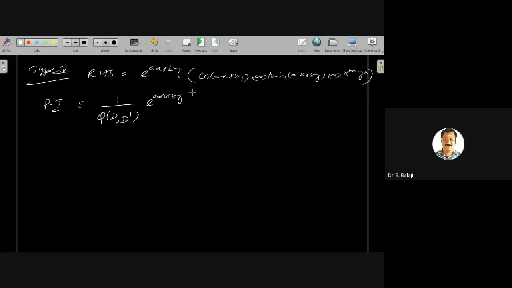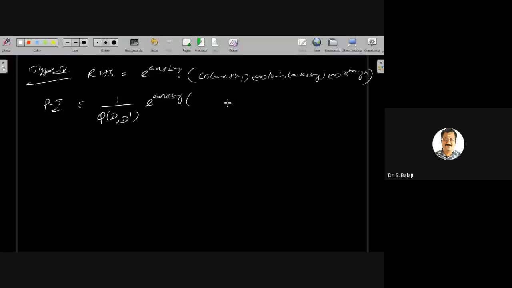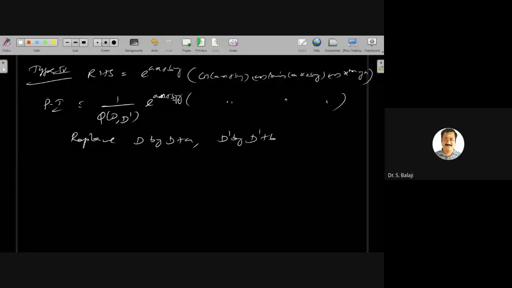In that case, particular integral equal to 1 by phi of d comma d dash, e power ax plus by, into the same function. In that case, you have to replace d by d plus a, d dash by d dash plus b, where a is the coefficient of x of the exponential and b is the coefficient of y of the exponential. Then you can get some other function phi of d comma d dash.